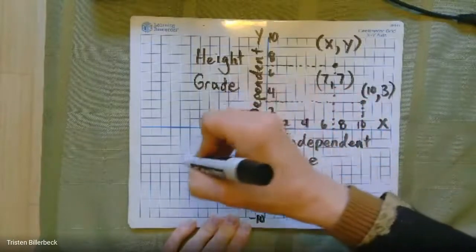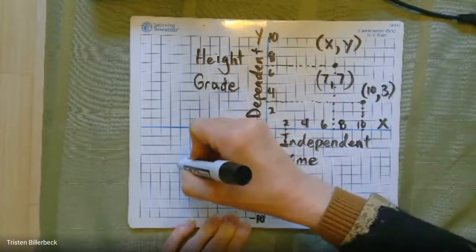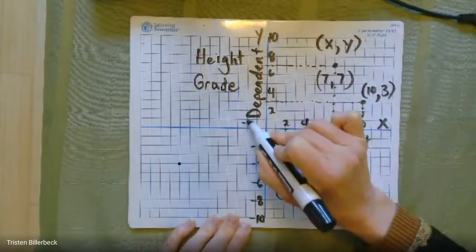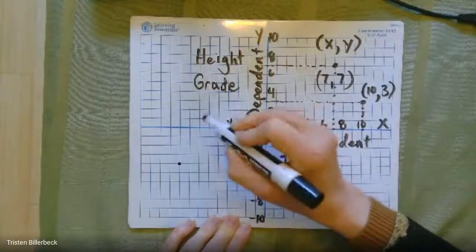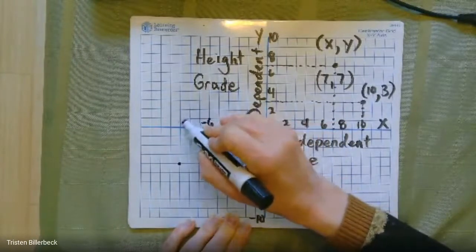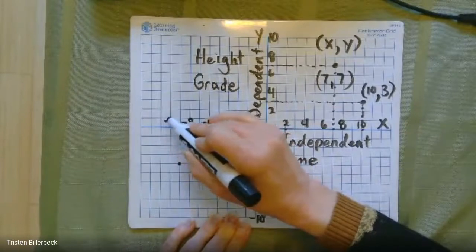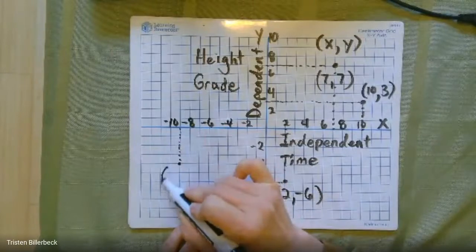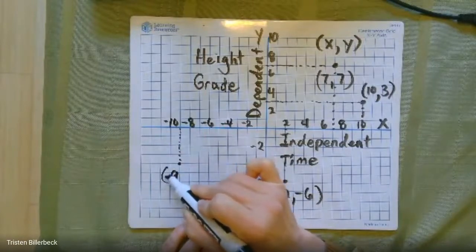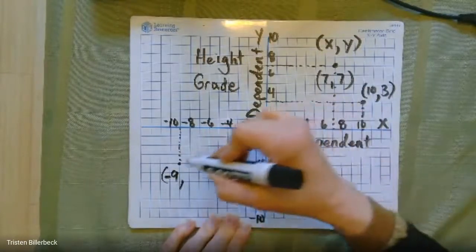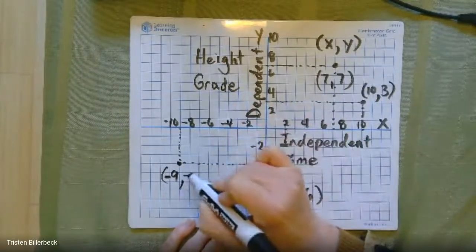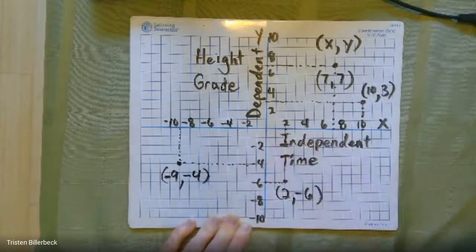And then if we had a point way out here, -2, -4, -6, -8, -10, this one comes up here at negative 9 on the independent axis and at negative 4 on your dependent axis, your y-axis.